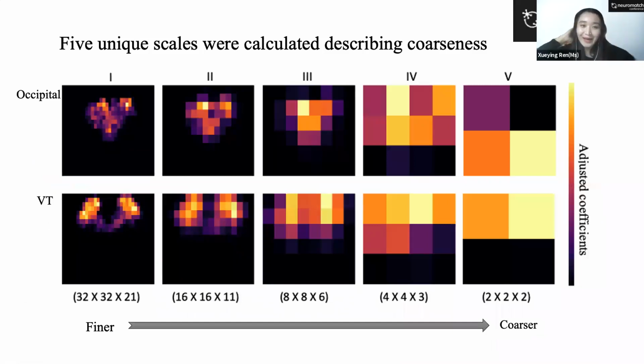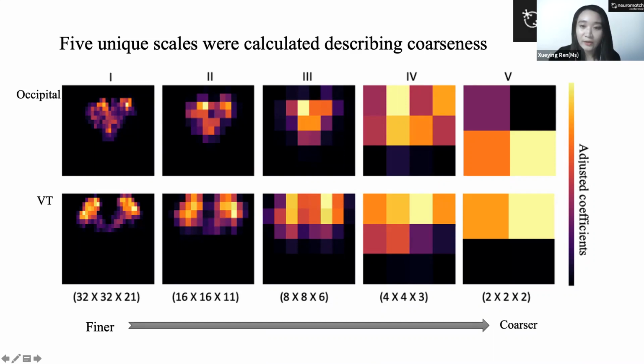Okay, so I like this figure a lot. Here's a demonstration of the wavelet decomposition. Based on the 3D fMRI data volume, we use the wavelets to calculate 5 unique scales describing the coarseness. Here I'm using the condition faces and the wavelet coefficients projected onto a 2D surface for 5 different spatial scales.